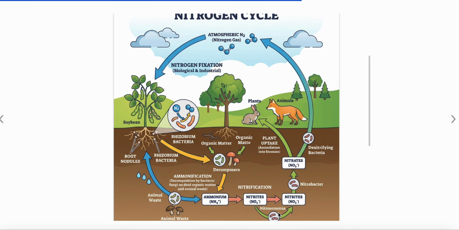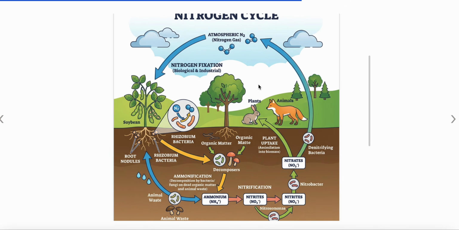Now this ammonium gets converted into nitrites and nitrates by another class of bacteria known as nitrosomonas. This is how nitrates and nitrites are formed, and they are absorbed by the plants. Then we have another class of bacteria called denitrifying bacteria, which convert the nitrates into atmospheric nitrogen again.